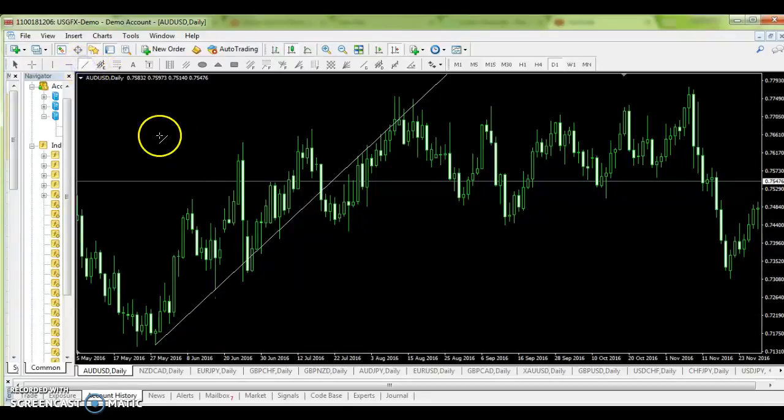And I connect this point. This is the high, this is the low, and this is the lower high, right? So I connect these two points, I draw a trend line.